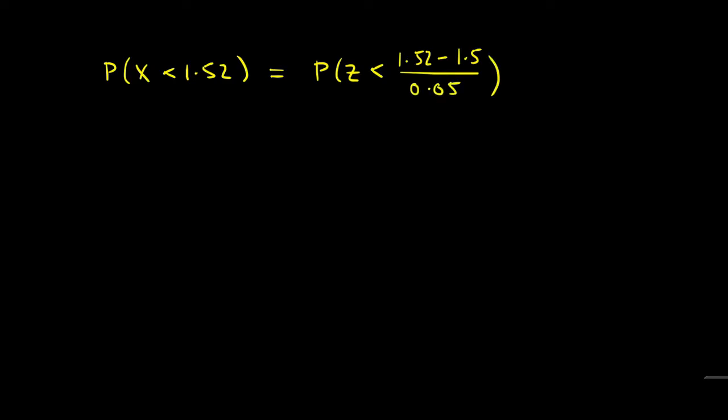So that gives us the equivalent z value on our z distribution. Now, if we do that, we're going to get the probability that z is less than 0.4. We don't have to do any manipulation there because the table of data tells us how to find the probability that we're less than a certain value. The table only takes positive values of z, and that's positive, so we're all okay.